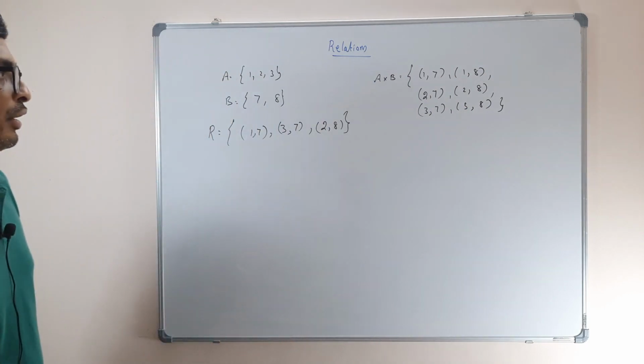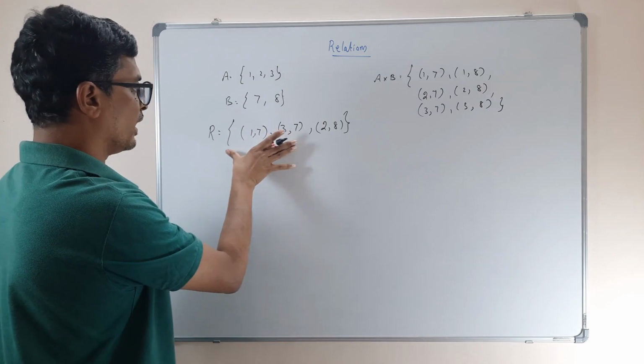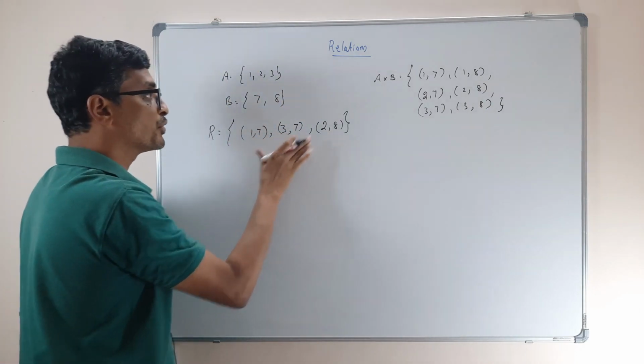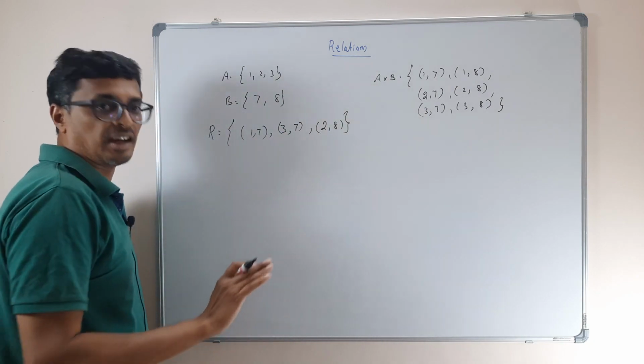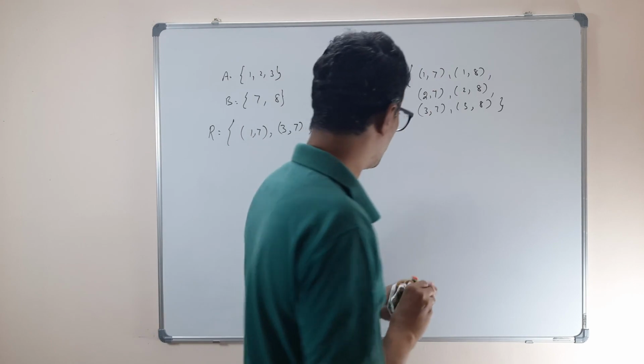So any relation R between A and B will be a subset of A cross B. You can't have anything other than it. It will always be a subset of A cross B, so that's important you have to remember.